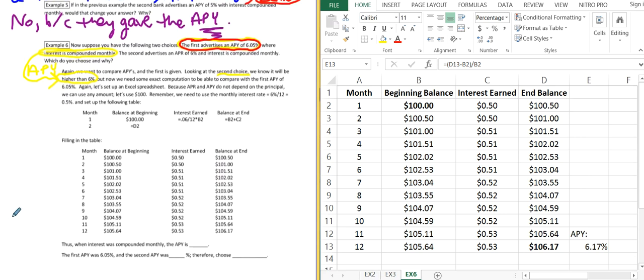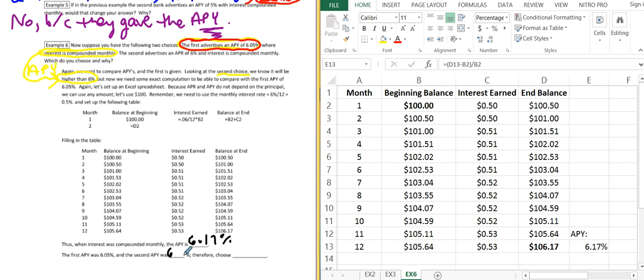We just determined that when interest is compounded monthly, the APY of this account is 6.17%. And recalling, the first APY was 6.05%. The second one now we know as 6.17%.